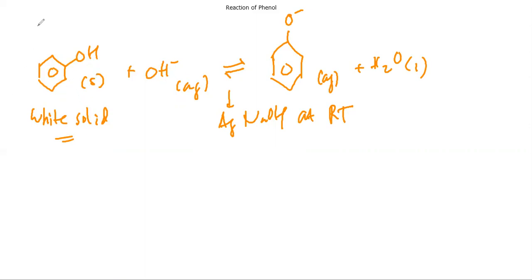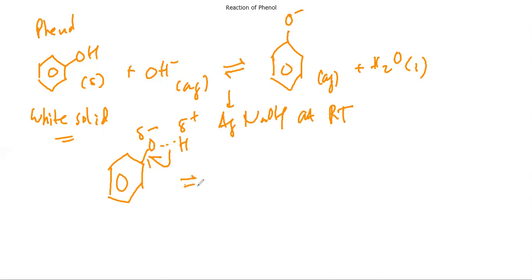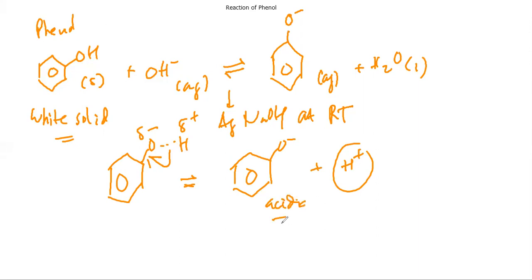In this case, phenol behaves as an acid because it donates a proton. If you can see here, O is more electronegative than H, so this one is delta negative and this one delta positive. The electron goes to O, then you'll have this one. So this is the proton donor, and a proton donor is an acid.